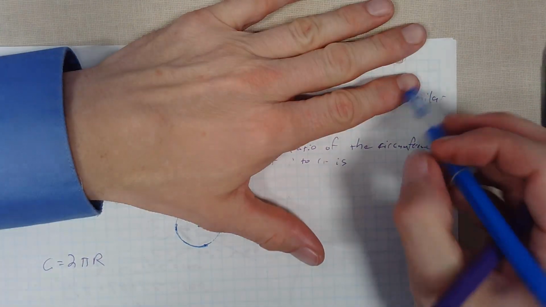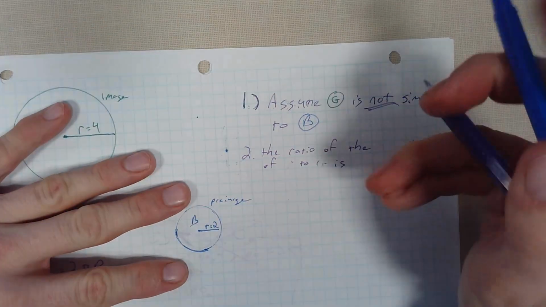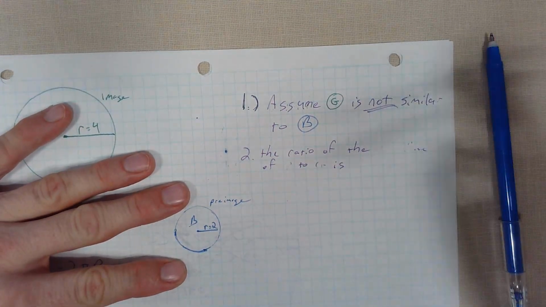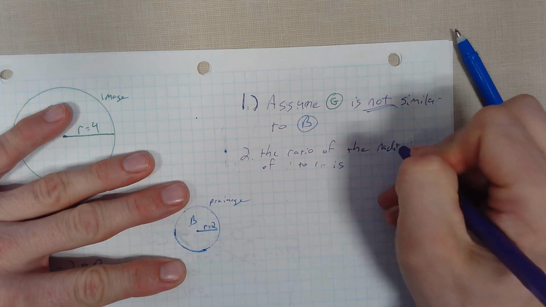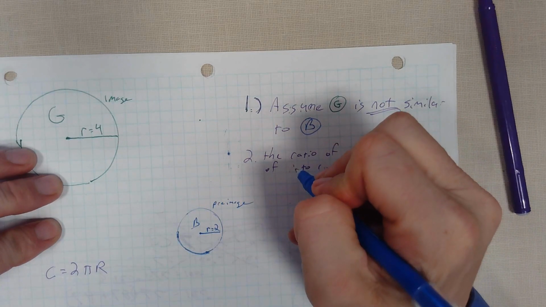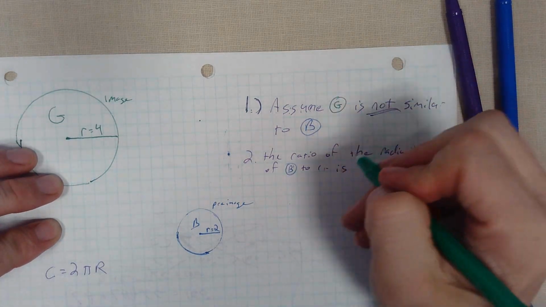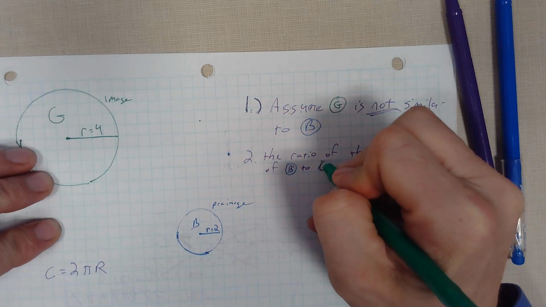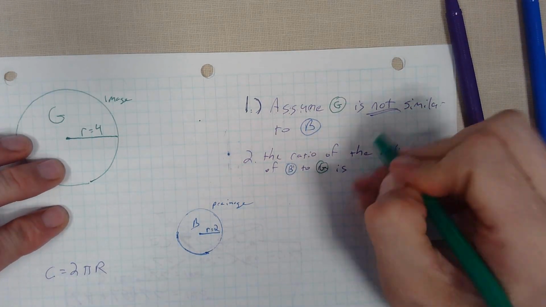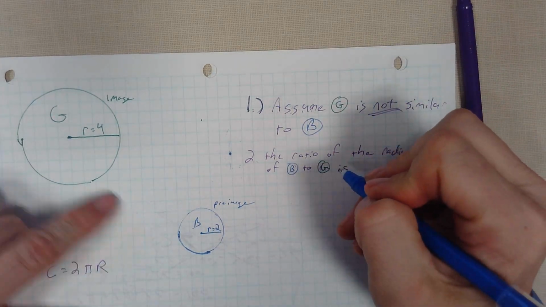Well, let's do the radius of circle B to circle G. So pre-image is the after.